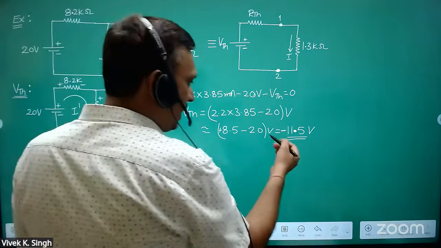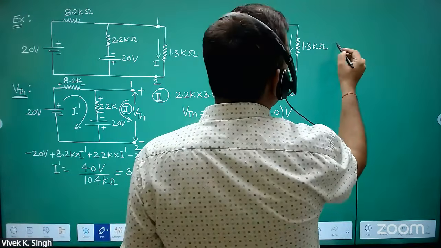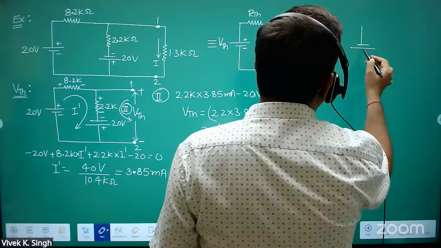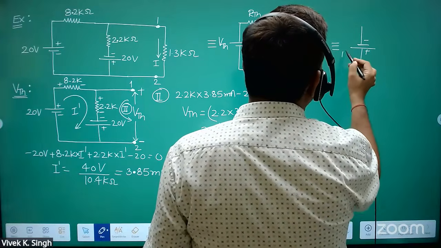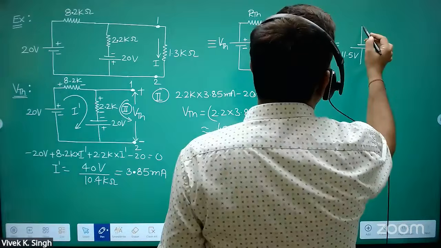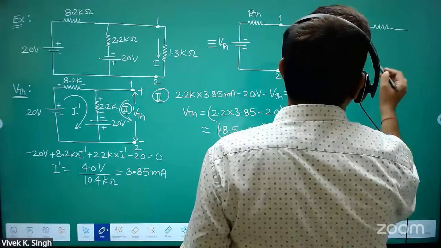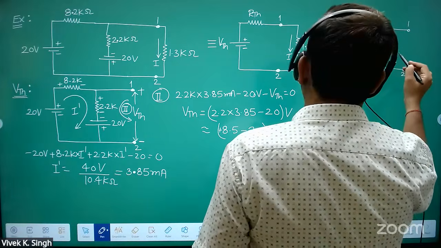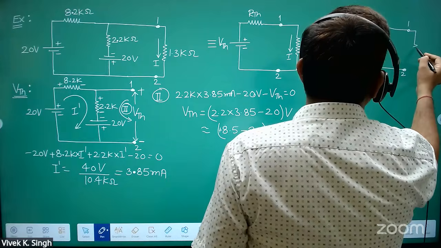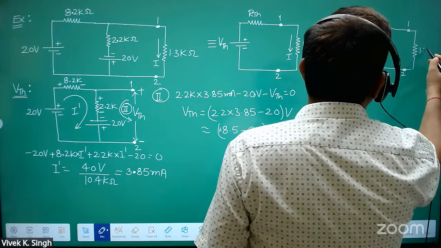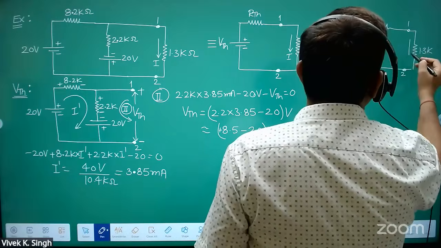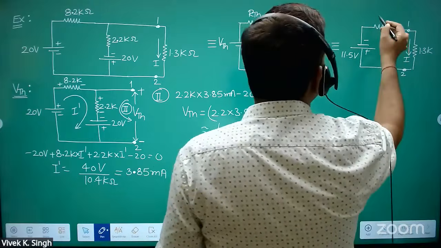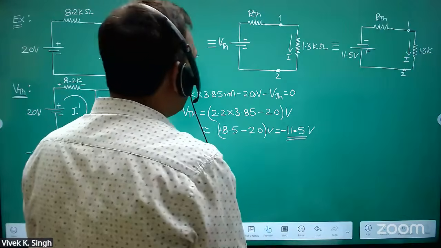So the actual polarity will be minus plus, and the magnitude is 11.5 volt. Now we have to calculate RTH also.